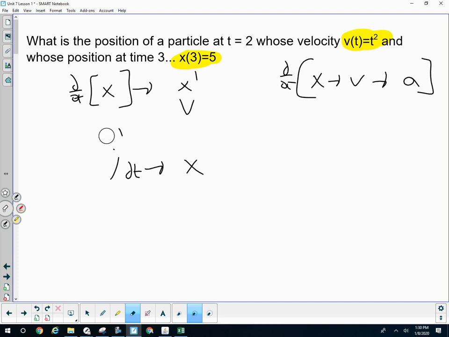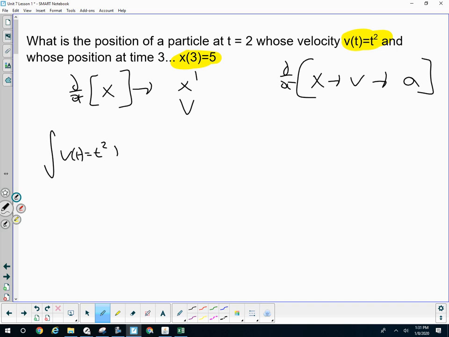So I will take the antiderivative of t squared. And I get what? Oh my goodness, antiderivatives, it's been so long. Very good. Remembering the plus c.